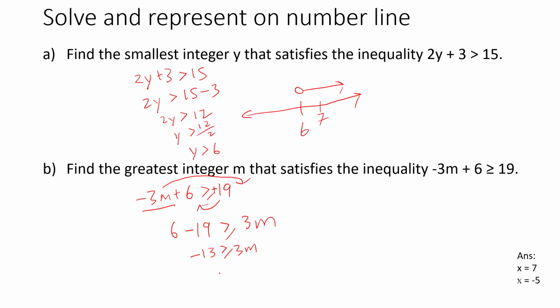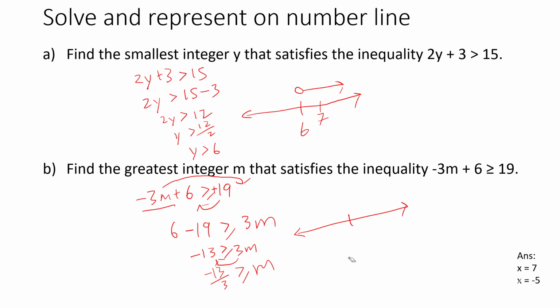Next, you move the 3 over to negative 13 because negative 13 divided by 3 is larger or equals to m. Times 3, move over, it becomes divide. Alright? So the greatest integer value, let us draw a number line, negative 13 over 3. 13 over 3 will give you 4 and 1/3.